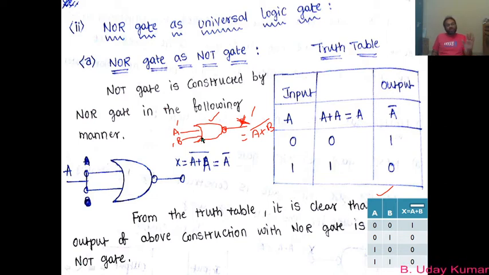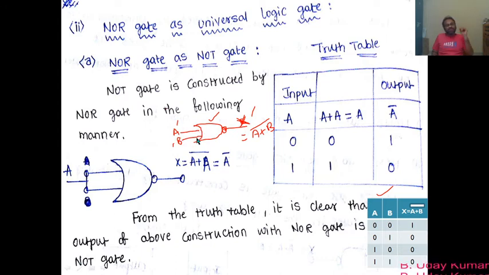Remember one thing: a NOT gate has one input and one output, but a NOR gate has two inputs and one output. So to make this NOR gate act as a NOT gate, just make sure that these two input terminals are made one, so they are interconnected.